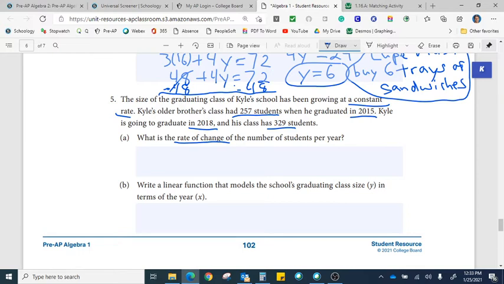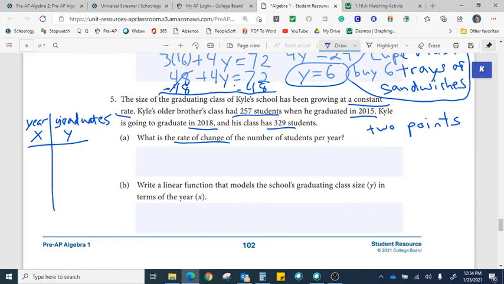These are 2 points. Okay, we'll say X is the year. And Y would be the graduates. Okay, so we can set up a little table here. I like tables because it's easy to look at. All right, so we could say the year for Kyle's brother.